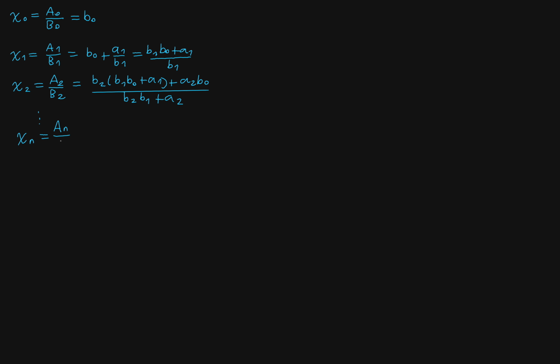And then capital B sub n is equal to little b sub n times capital B sub n minus 1 plus a sub n times capital B sub n minus 2. And the initial conditions for each of these are that we have A sub minus 1 is equal to 1, and then A0 is equal to b0, the first term.